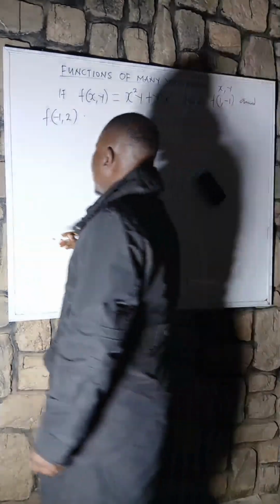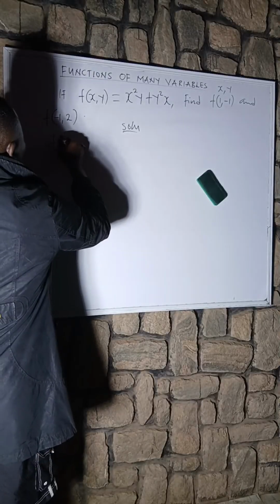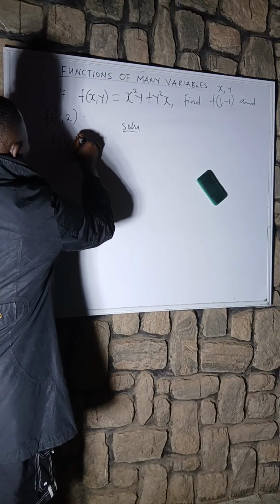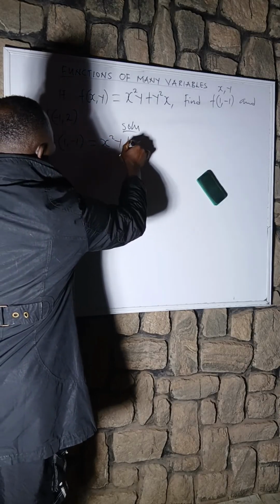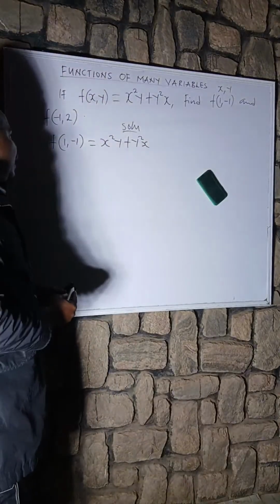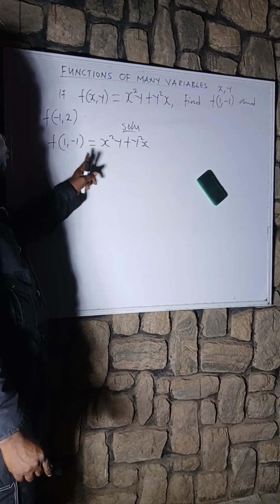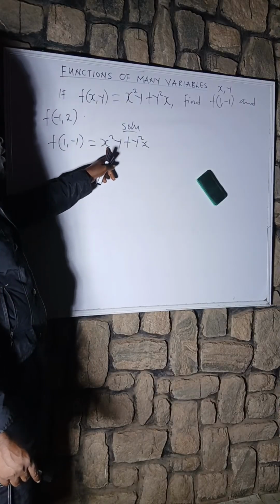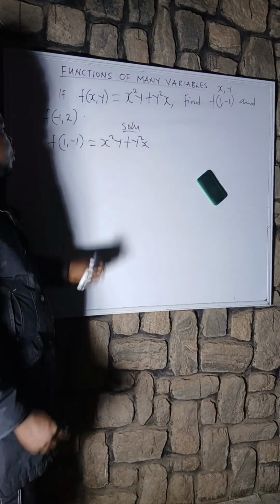So for the solution, our f of 1 comma minus 1 is equal to x squared y plus y squared x. This implies that anywhere you see x, you write 1, and anywhere you see y, you write minus 1.